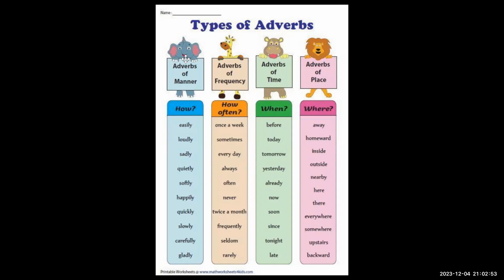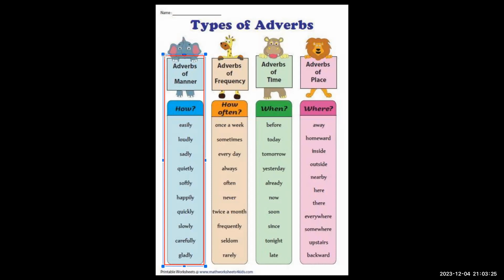Okay, so we will continue with what lesson? Can you please read? Types of adverbs. Okay, so last time we had adverbs only, and I did not tell you that there are many types of adverbs. What we had last time was adverbs of manner, right?